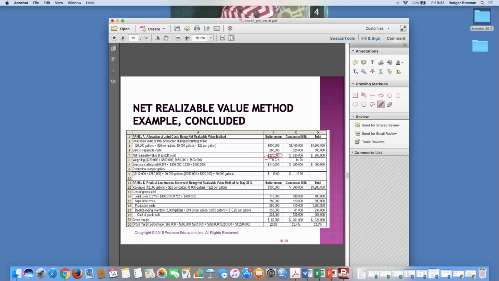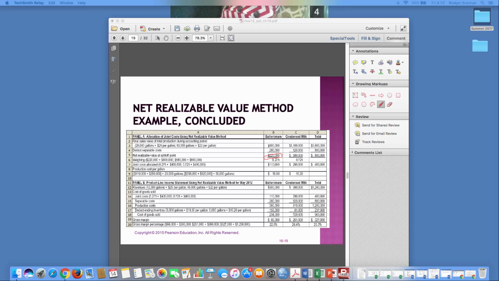I do the same thing with condensed milk. Okay, so if these are my two net realizable values, 220 and 580, okay, 800,000, then take the proportions, 27.5 and 72.5, and divide up the joint cost. Yeah, the 110 and 290.